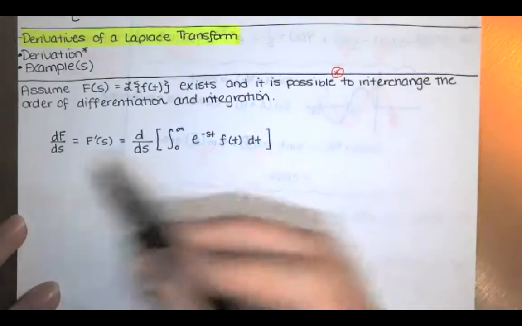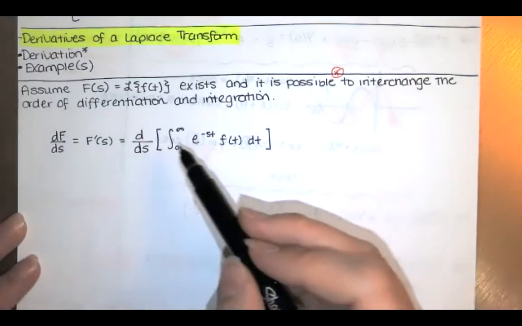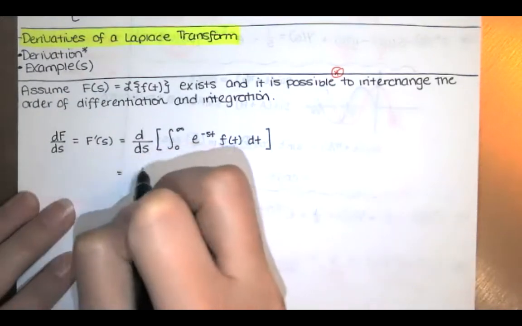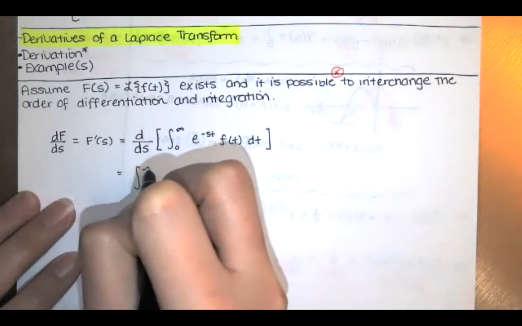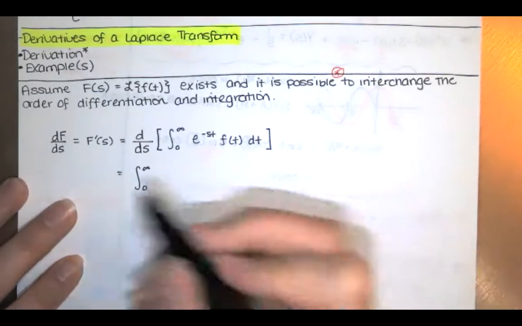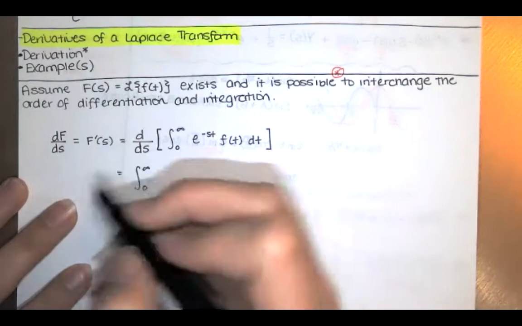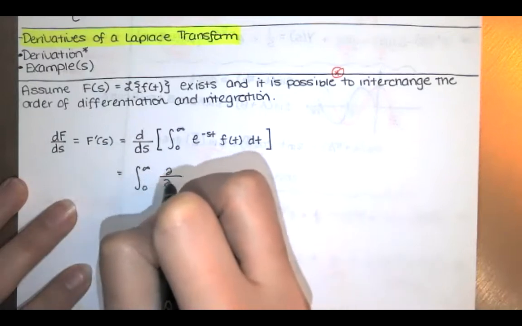Now, if it's possible to interchange the order of differentiation and integration, we can pull that derivative operator inside. Since this is a function of two variables, I should change this derivative with respect to s to a partial derivative with respect to s.